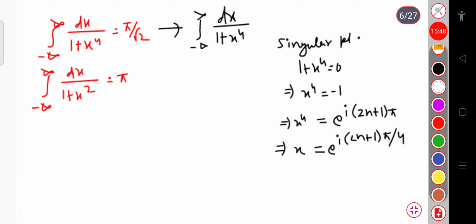And here the n value varies from 0, 1, 2, 3, because x has power 4, so we will start from 0. So there are 4 roots of this equation.